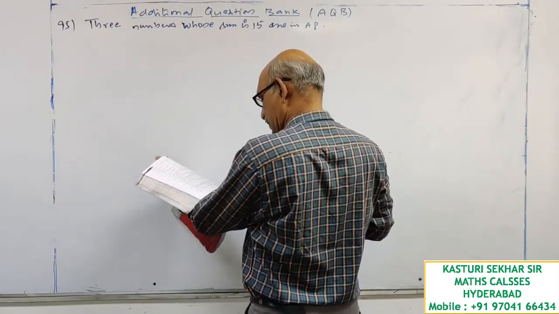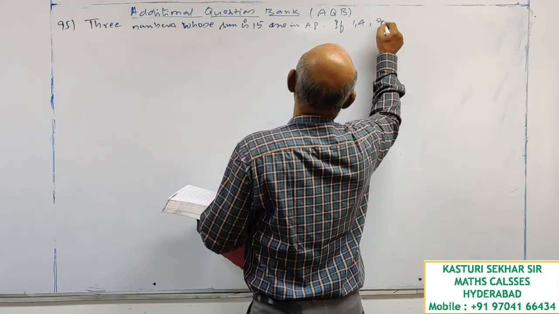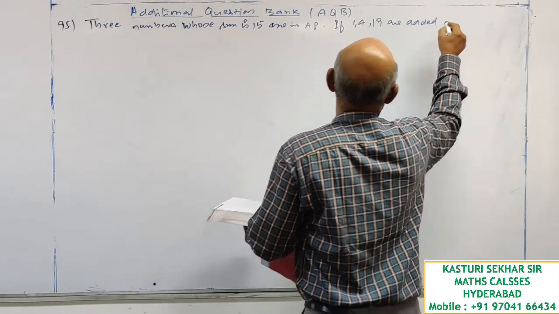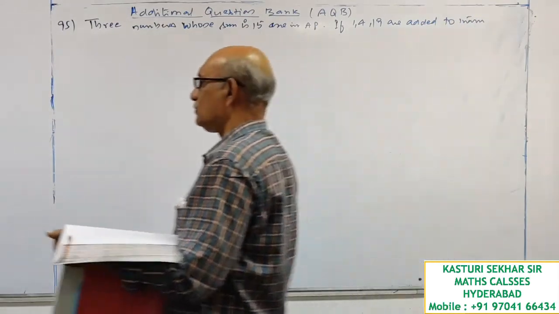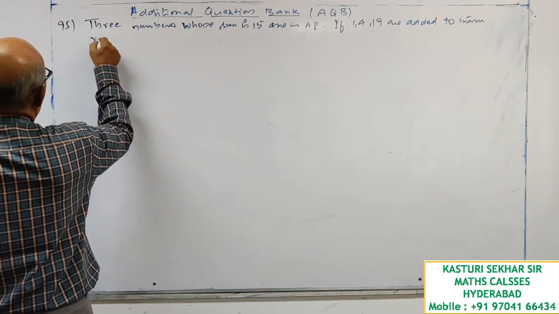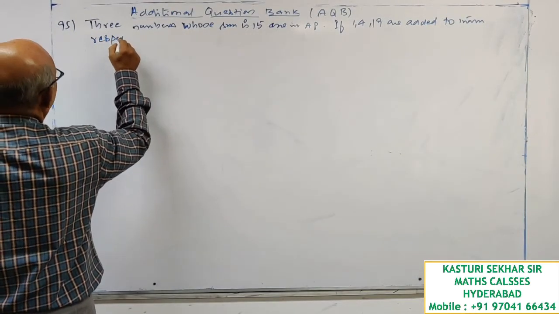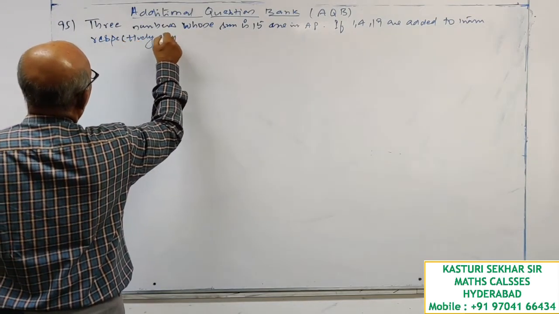If 1, 4, 19 are added to them respectively, they are in GP.